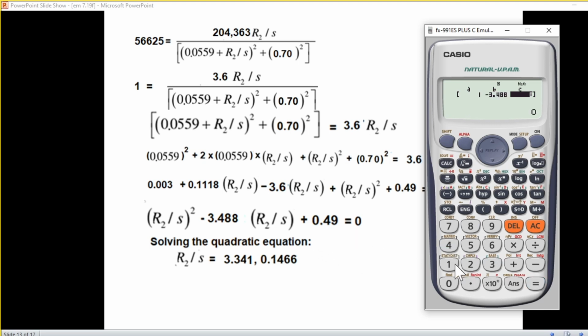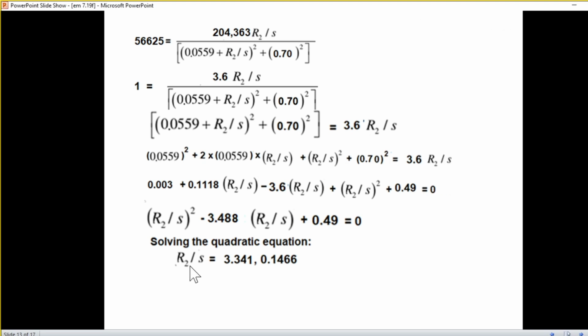And the third part is 0.49 equal sign. So we have entered all the values. Now we'll press equal again. So we get the first value 3.341. And the second root, we press equal sign again. So the second root is 0.1466.